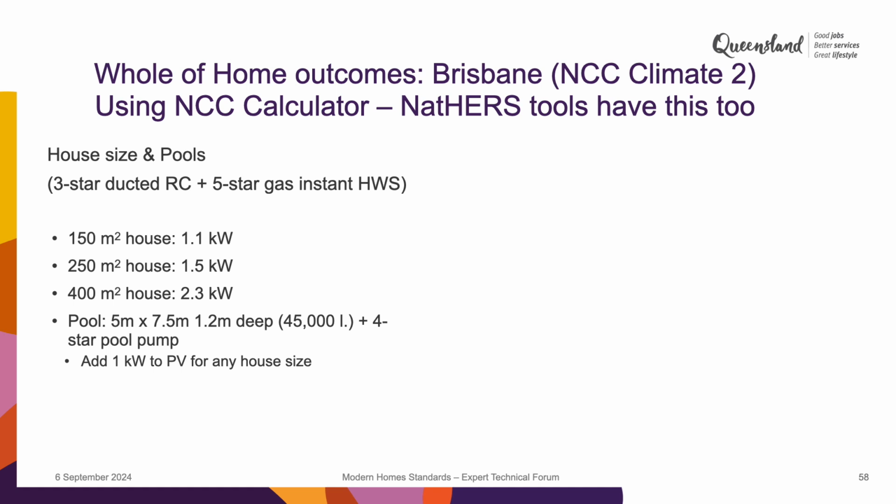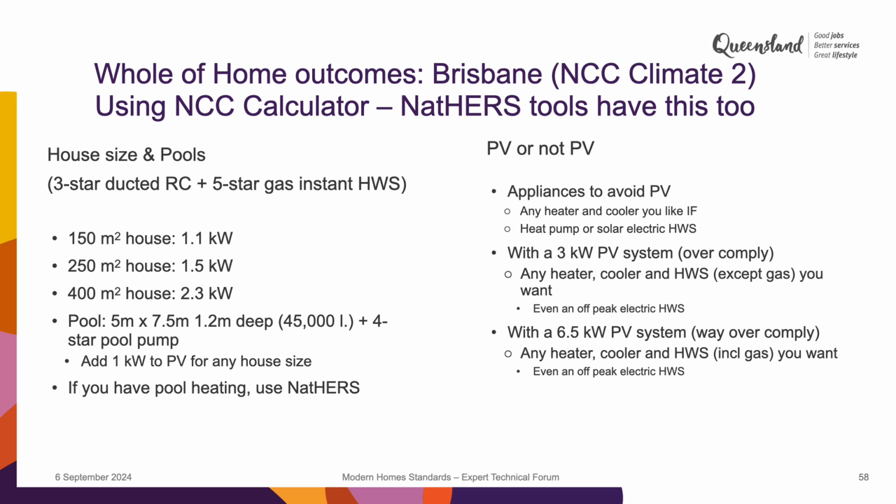If you have a pool, you generally have to add about an extra kilowatt. Again, it's not till you get to 400 square metres that you're looking at going over 3. But you can change your appliances. You can go to more efficient appliances. And as a general rule, a heat pump hot water system or a solar off-peak electric will mean you don't need any PV.